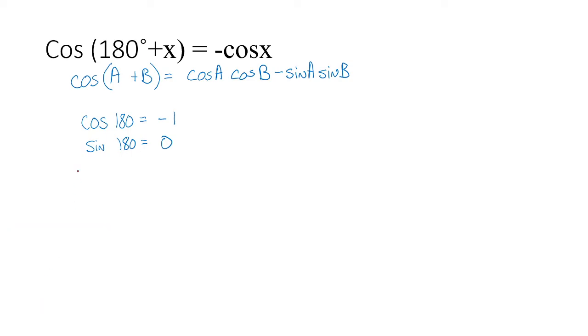So what we got is the cosine of 180 plus x equals the cosine of 180 times the cosine of x minus the sine of 180 times the sine of x. So the cosine of 180 is negative 1.